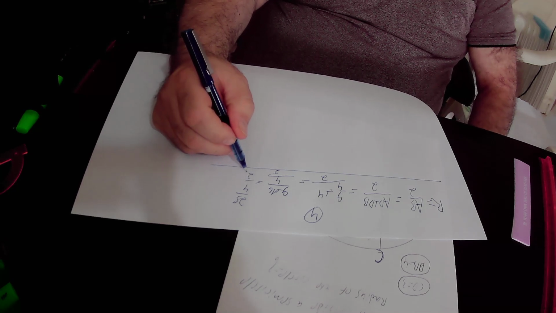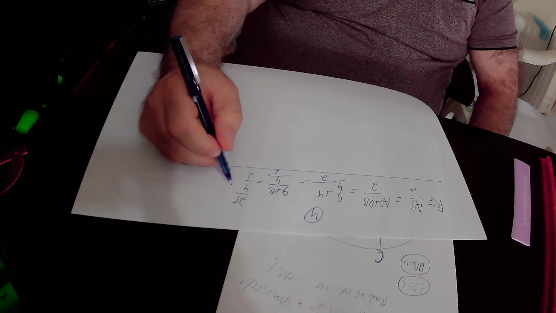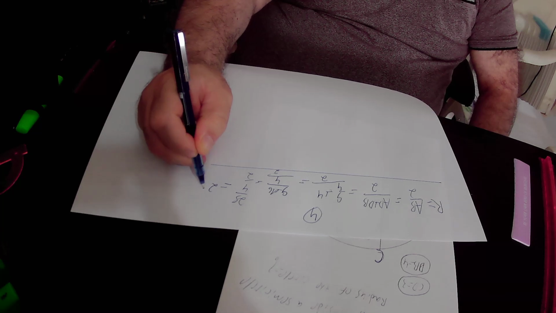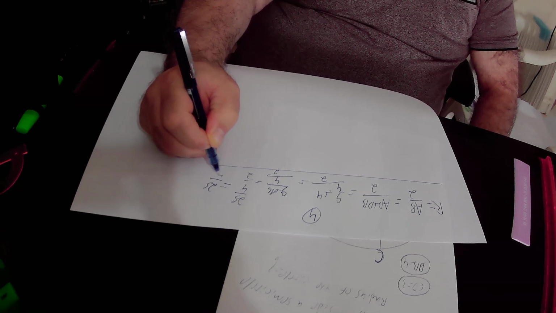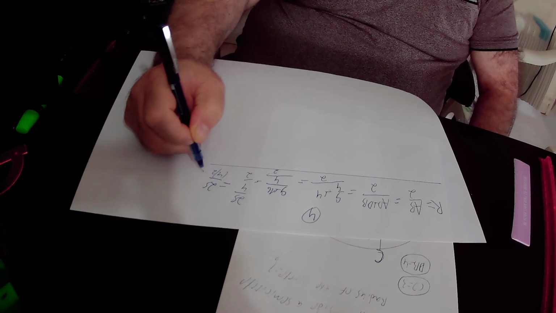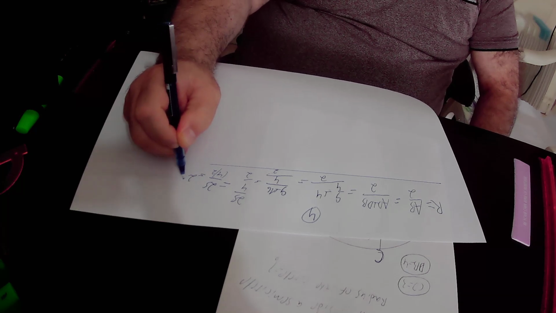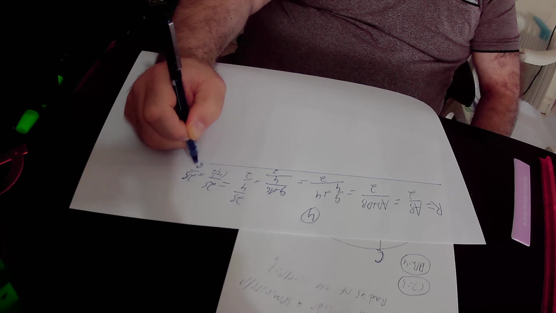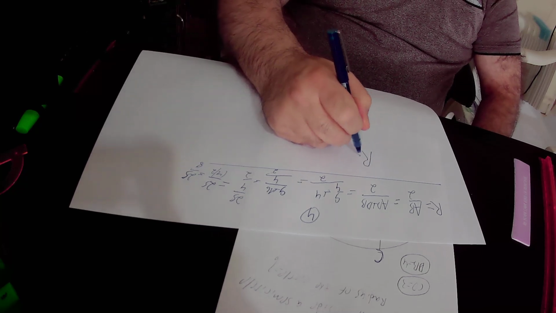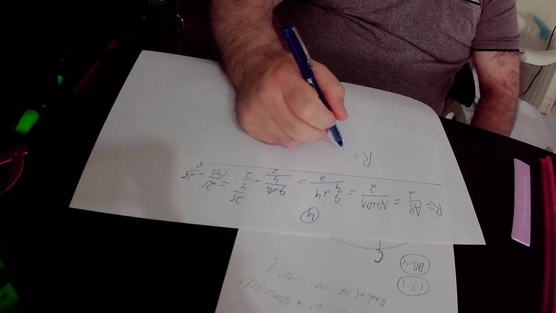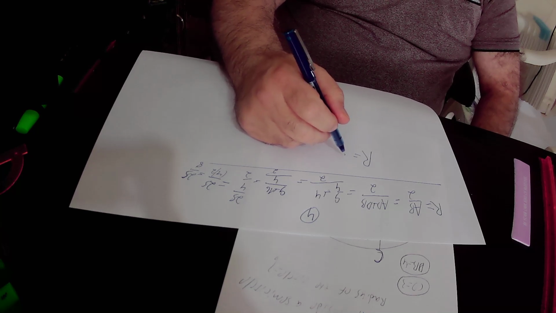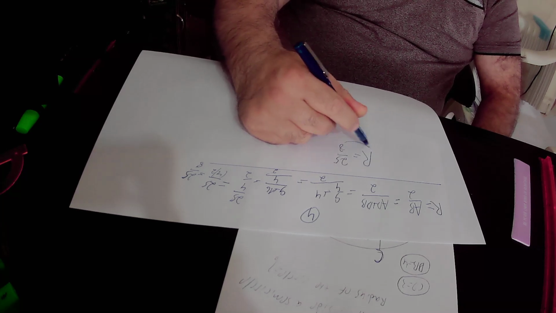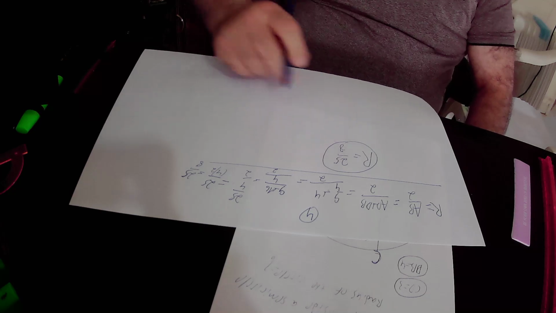We move 2 to the denominator and we get that the radius of the big circle equals 25 over 4 times 2. 4 times 2 is 8, so the radius of the big circle equals 25 over 8 units. So I write it down here that the radius of the big circle, that is also the radius of the semicircles, is equal to 25 over 8 units. Okay?